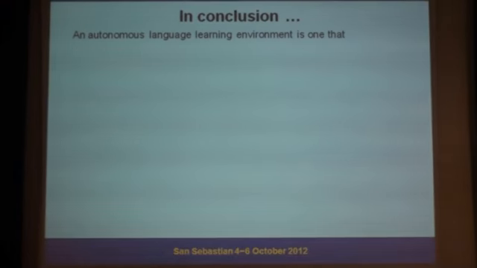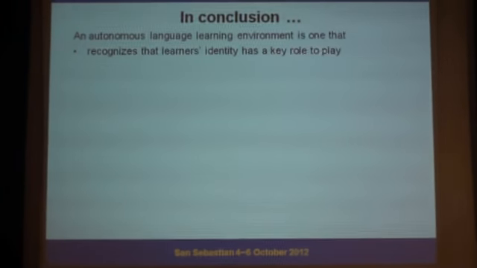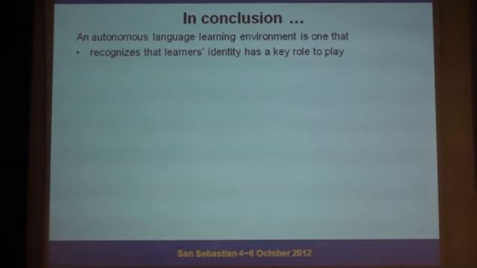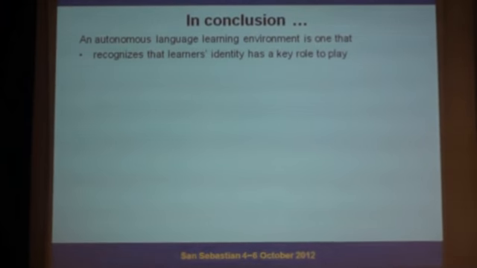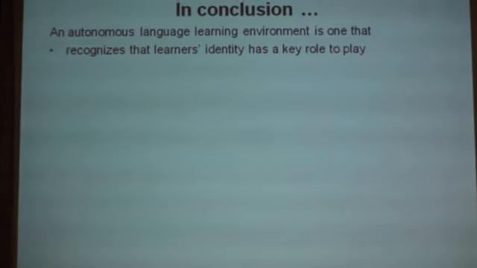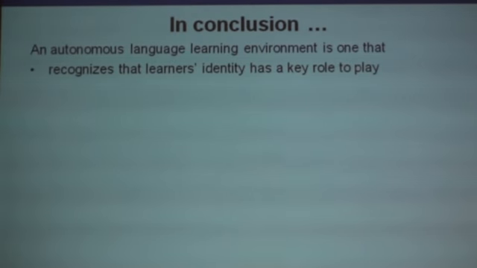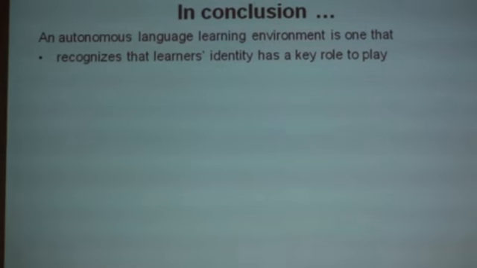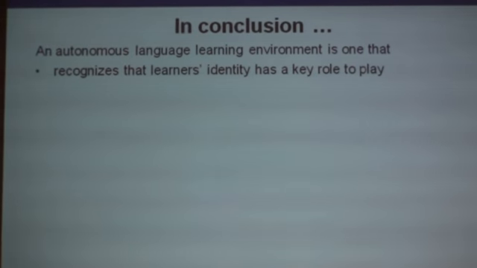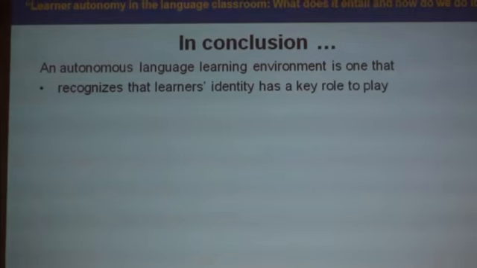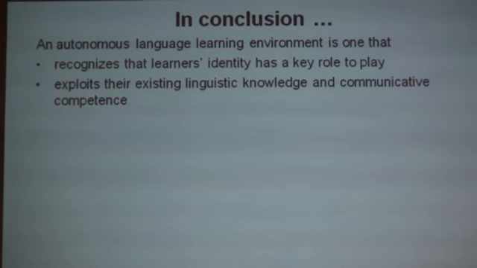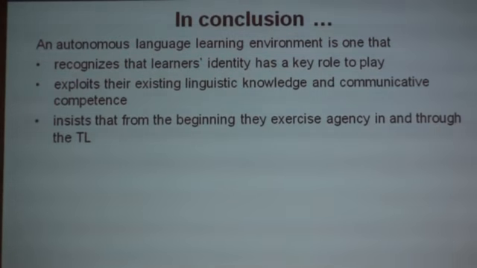An autonomous language learning environment, according to my version 2, is one that recognizes that learners' identity has a key role to play. Engaging learners, exploiting old knowledge, recognizing that because they already speak a language for communicative purposes, but also for metacognitive purposes, they have in their heads some deep-lying capacities onto which you can put the target language. Exploiting, therefore, their existing linguistic knowledge and communicative competence.